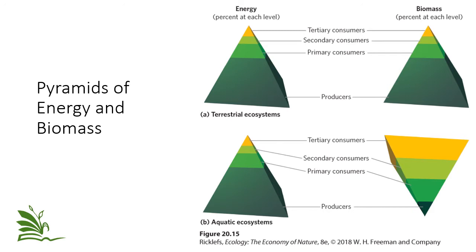And so what you can see in the terrestrial ecosystem pyramid, that is for the energy pyramid, and it's consistent with the biomass pyramid of the terrestrial ecosystem, is that a vast majority of both energy and biomass in a terrestrial ecosystem resides in the producers. That's that darkest green color.